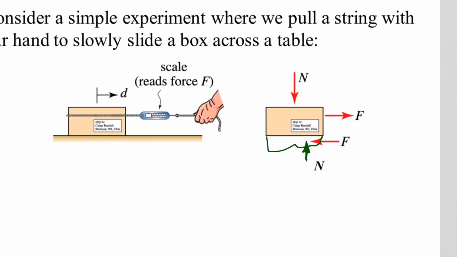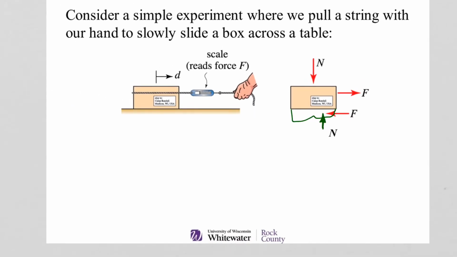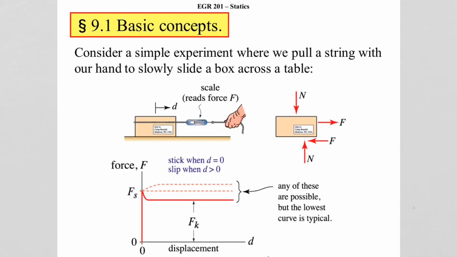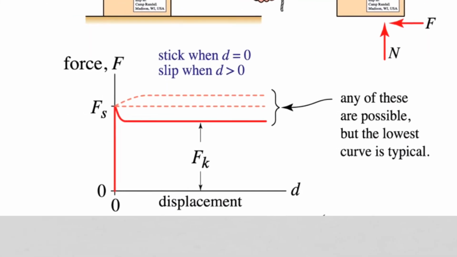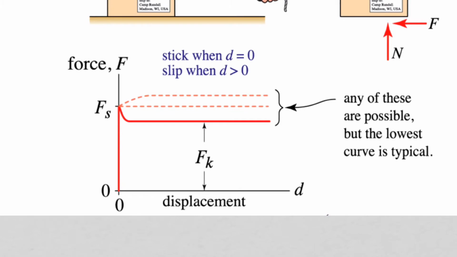Like I said, we start pulling and pulling on this force F. We keep pulling with a higher and higher force, and then all of a sudden it starts to move. We can see that with this diagram here. We are pulling and pulling, nothing happens, and then all of a sudden it starts to move.